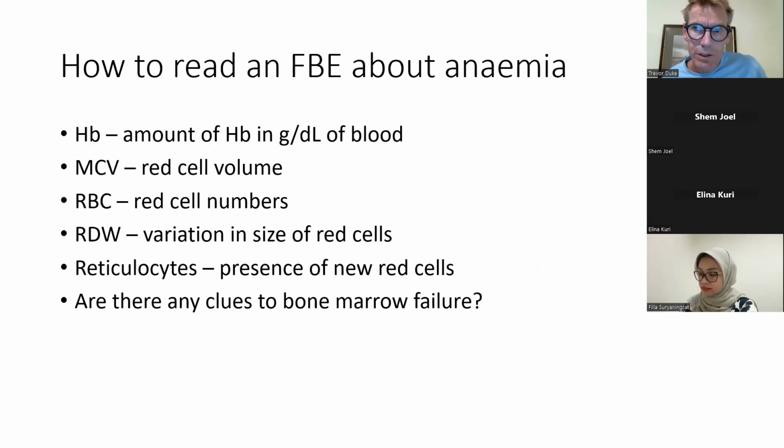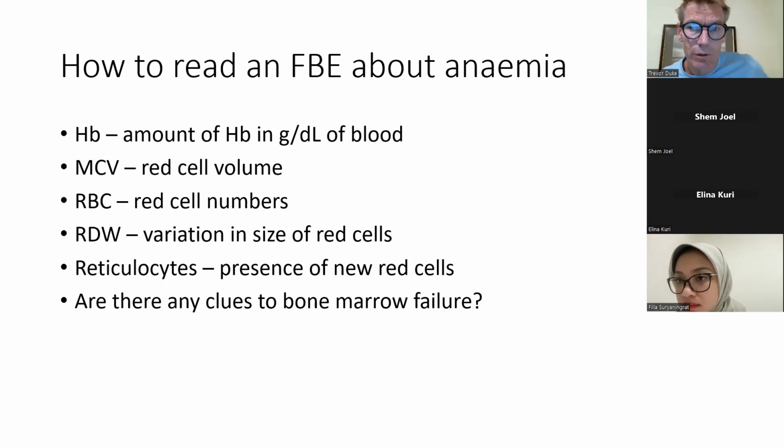But just to recap a few things, I think we don't make the most of looking at the full blood count all the time, and we can detect a lot more about a child's cause of anemia by looking at these basic parameters.